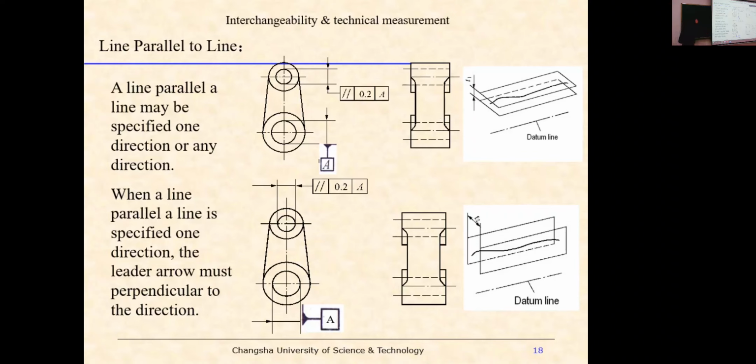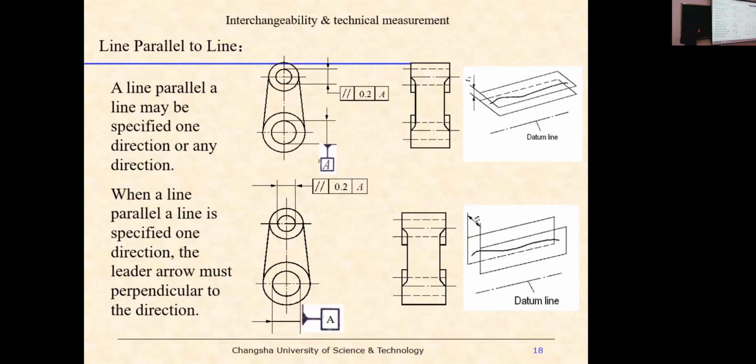This is the hole. This is the hole, right? So this is the hole. It's very simplified.